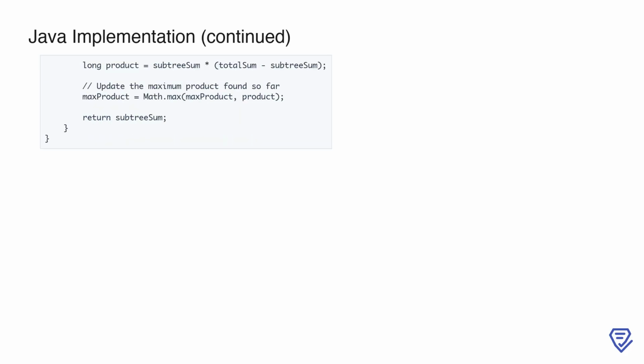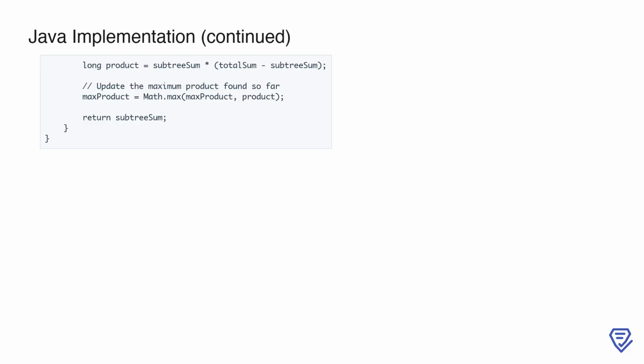The findSubtreeSum method is where we calculate the sum of each subtree and determine the product of the split. For a given node, we compute the subtree sum by summing the node's value, the left subtree sum, and the right subtree sum, all calculated recursively. With this subtree sum, we can evaluate the product of splitting the tree at this point.